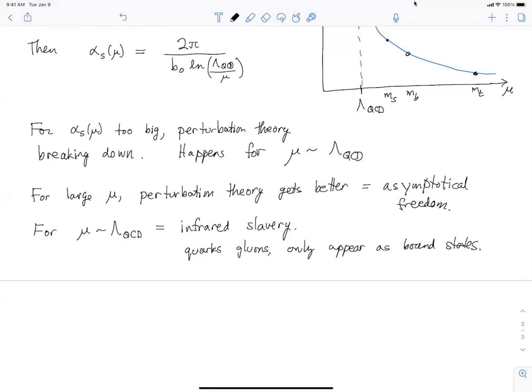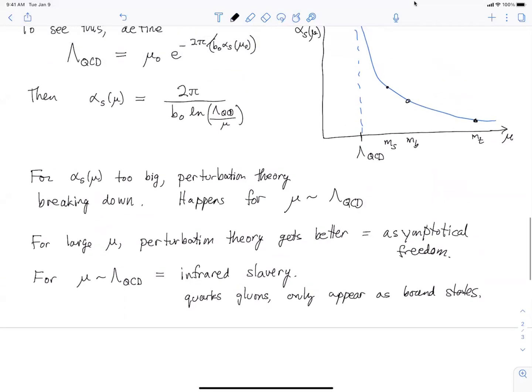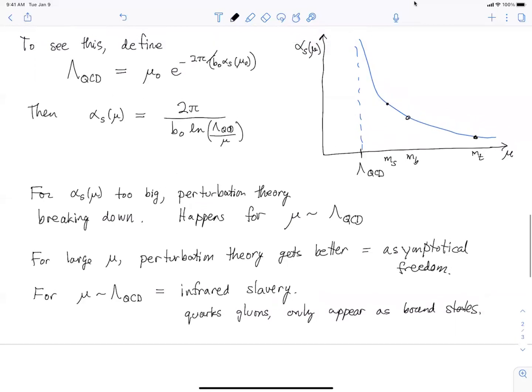Okay, questions on that before we contrast with what happens in QED? No questions? I guess, is this also telling you that if you could probe a high enough energy scale, you might see a bare quark?